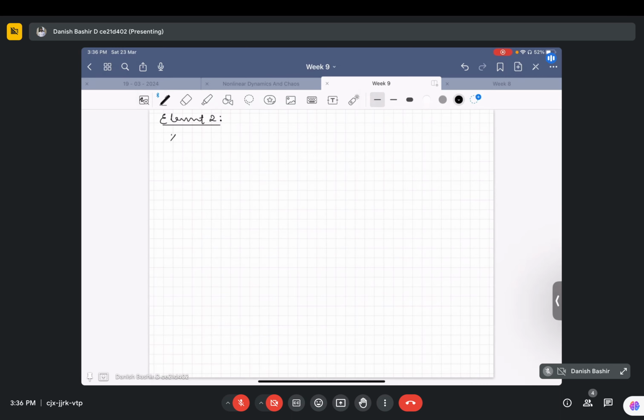For element 2, the coordinates are x1 is 360 and y1 is also 360, x2 is 840 inch, and y2 is 360 inch. The length of this element is 480 inch.